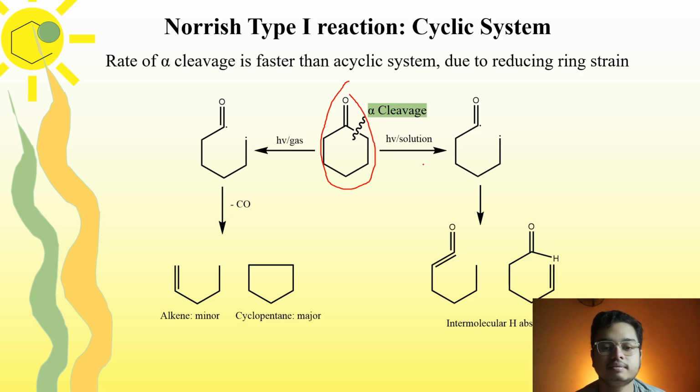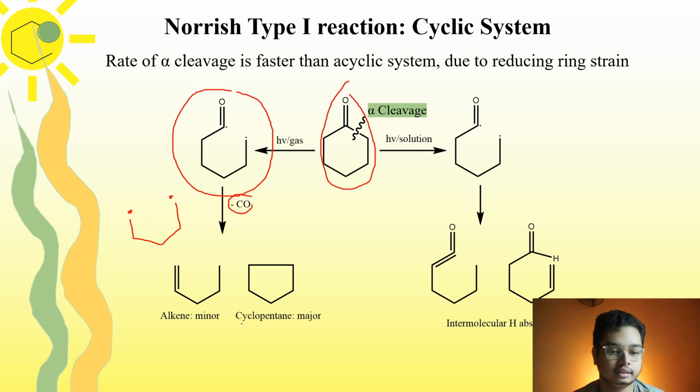So initially the alpha cleavage takes place and we got this particular compound. Now in the gas phase reaction, decarbonylation takes place, and after decarbonylation we got this radical. Now this radical has two fates, but I want to show the mechanistic pathway.